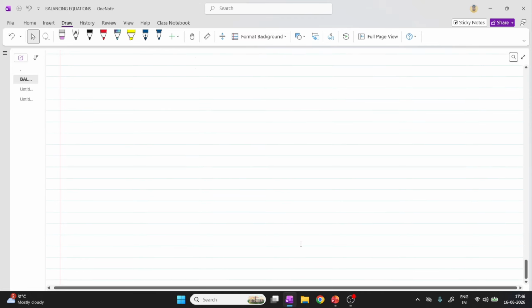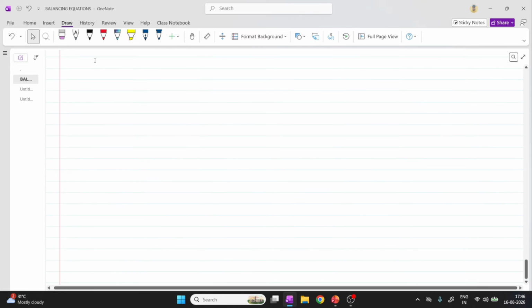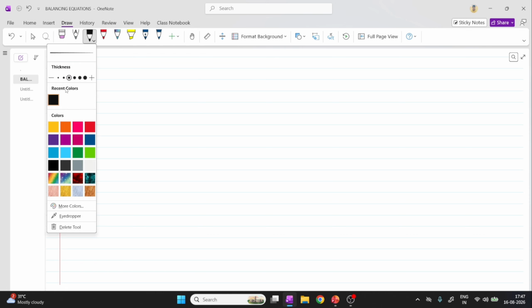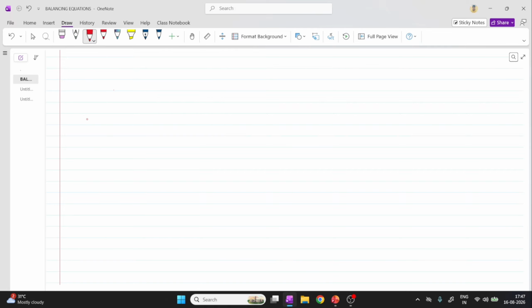Fine. So now I will take a very important part, which is related to balancing. Now I will take balancing of redox reactions.